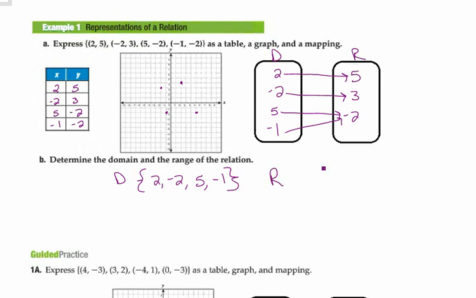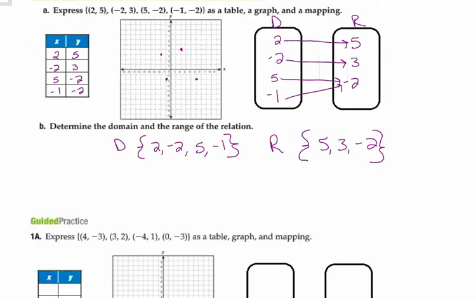Okay, our range, solution set {5, 3, -2}, and notice I'm just going to put -2 once because I'm not going to repeat that. And I'm going to close my set, and I'm terrible at making those brackets, but it's a set. This is the set of the domain.